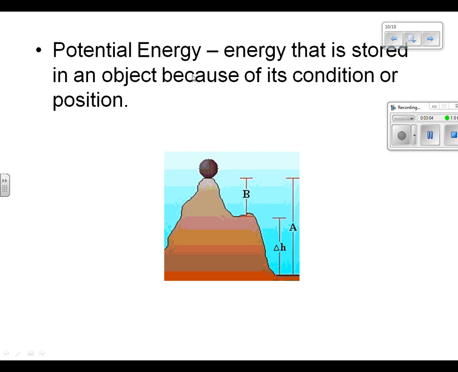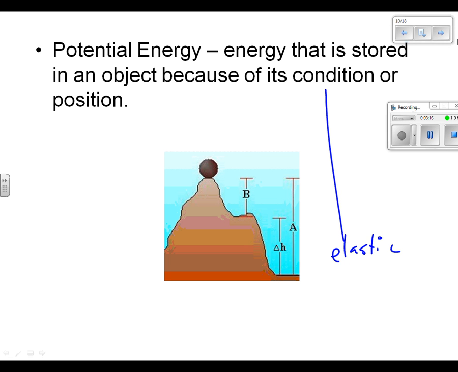Right? Potential energy is energy that is stored in an object because of its condition or position. When I say condition, what kind of examples are we talking about there? Like, well, that would be position, right? We're talking about condition. We're talking about elastics that are stretched or springs that are compressed, right? That kind of thing. Something that's bent is going to flex back.